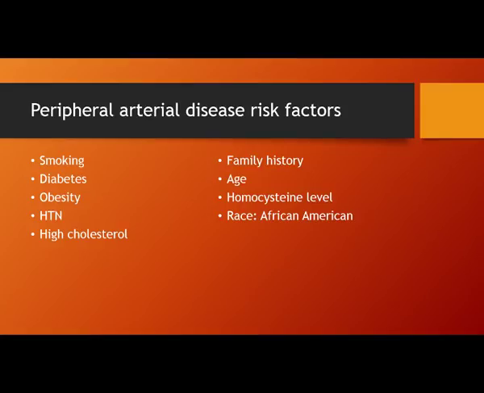And that's one of the lab tests we do. It's a protein that's found in the body, and if the level is elevated, it can be tested in the lab. And then African Americans are at risk for this disease.